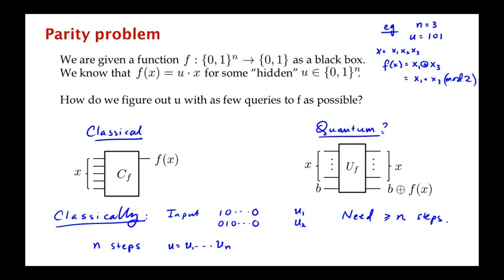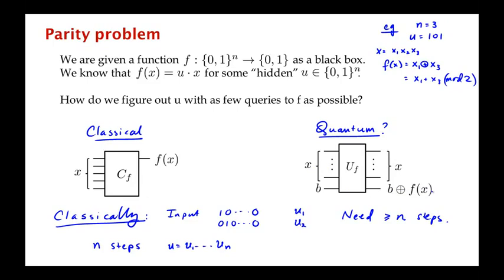Okay, in the quantum world, remember what we do is take the circuit and make a quantum circuit out of it. So now it takes as input x and also an input b, which is the answer bit. And what the quantum circuit does is it outputs x and b XOR f of x. So the answer bit gets toggled if and only if f of x equals 1.